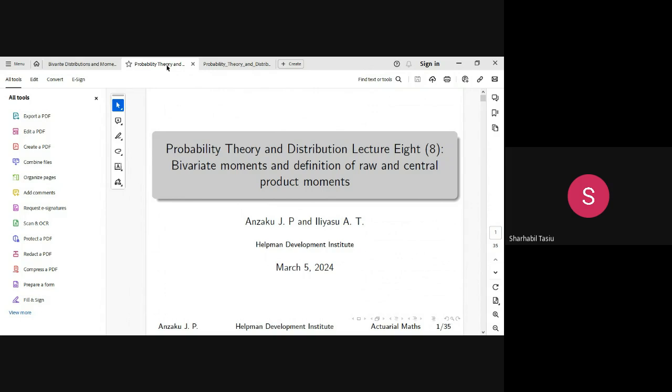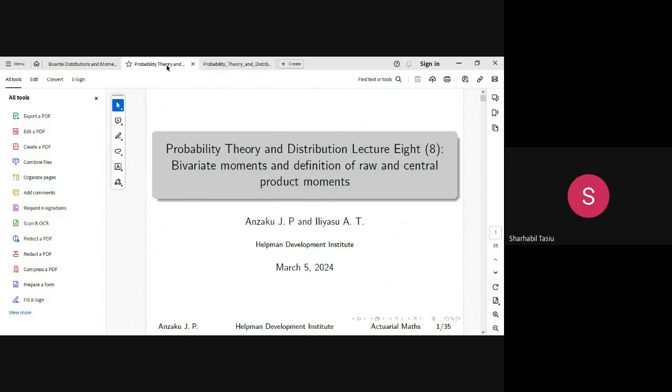We also talked about the joint distribution for the discrete case and for the continuous case, and some examples on using the marginal distribution as it relates to actuarial science and actuarial mathematics.